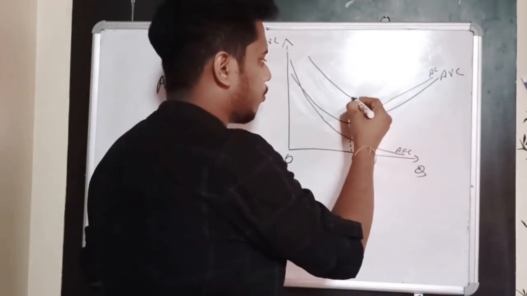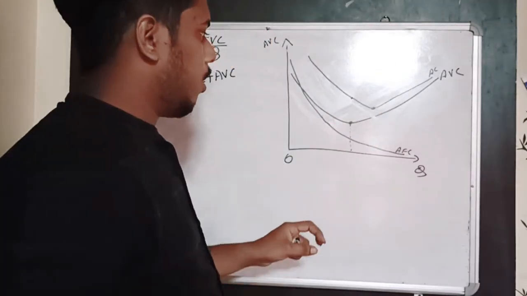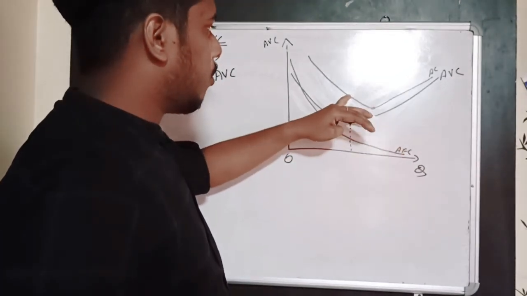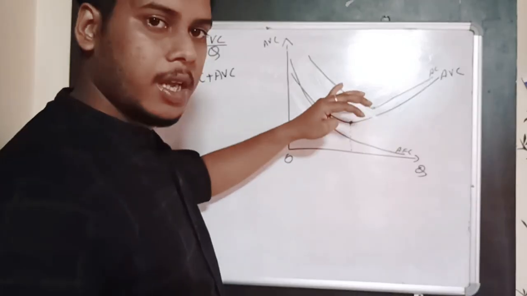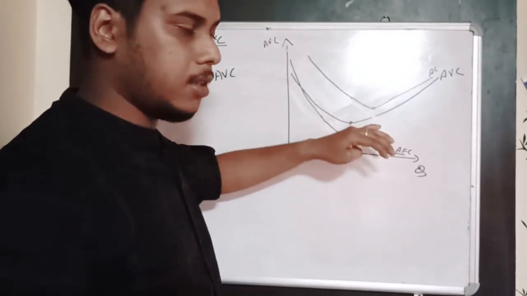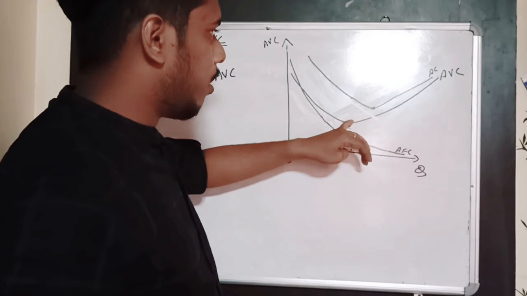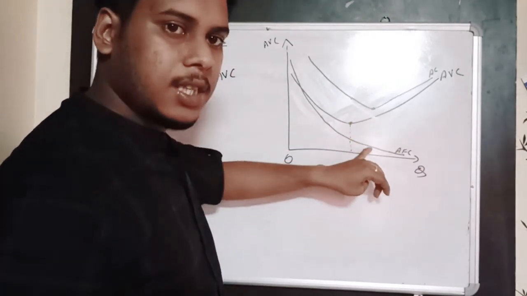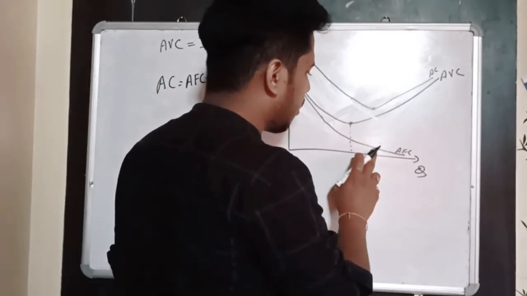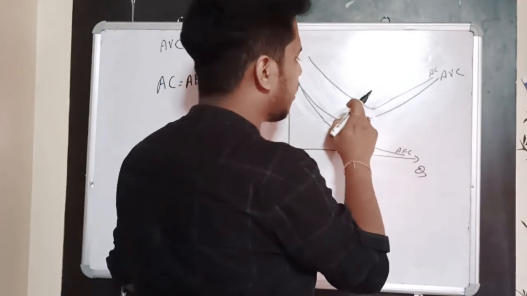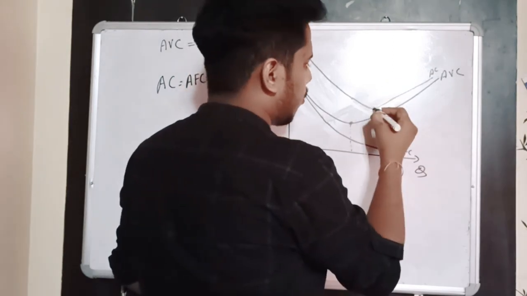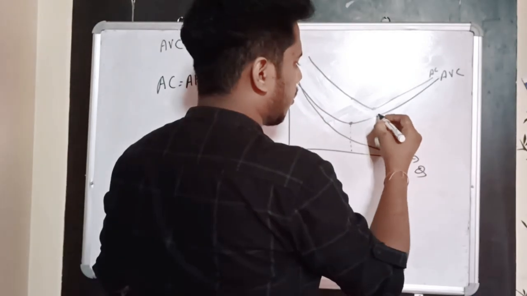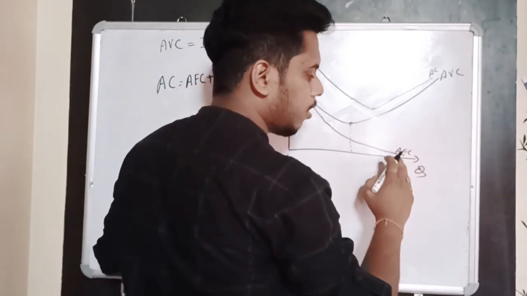AC could have stopped over here if there was no AFC, but over here we are having both AVC and AFC. AVC reaches its minimum point over here, however AFC is still falling. So AFC is pulling the AC further down till this point, and after that what happens? The rise in AVC overpowers the fall in AFC.